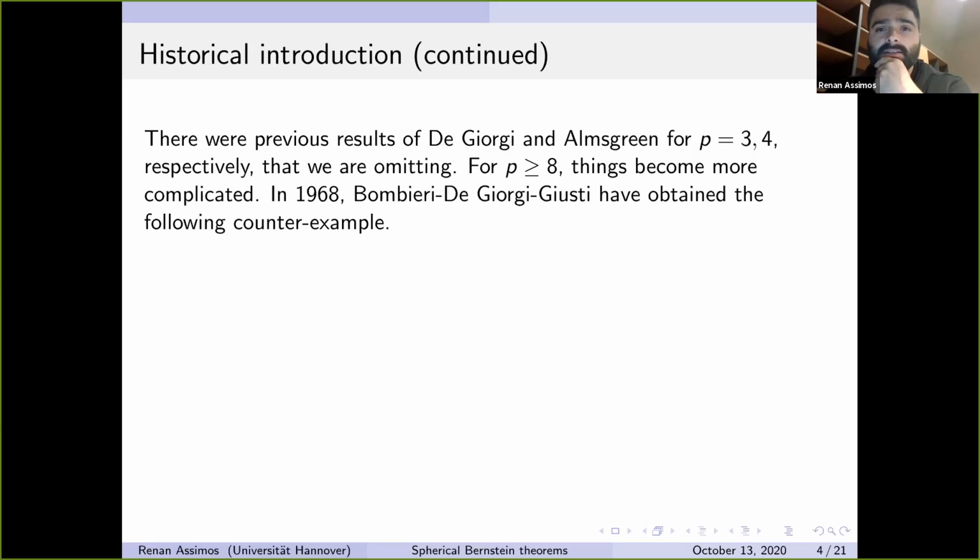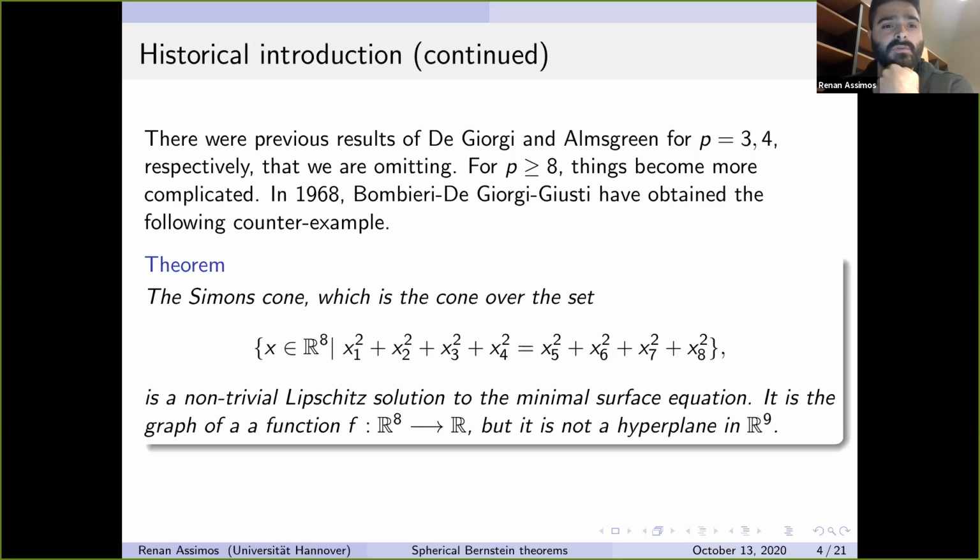Here I comment that De Giorgi proved this when p was 3, and Almgren when p was 4. But the interesting fact is that if p is bigger or equal to 8, right after Simons' result, Bombieri, De Giorgi and Giusti obtained a counterexample to a full Bernstein theorem for functions from R8.